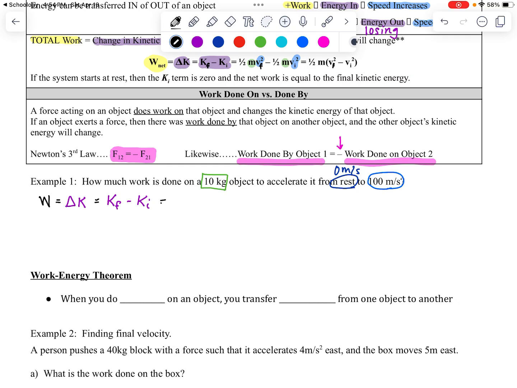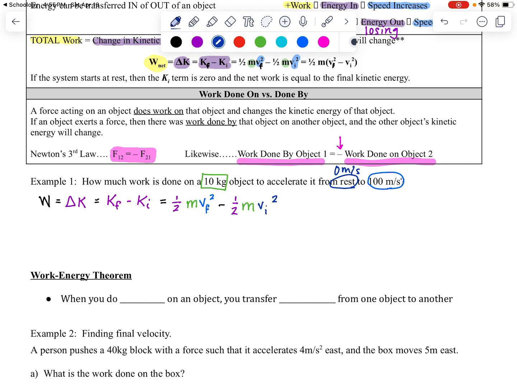Then we know that K final minus K initial is, we're going to take 1/2 of the mass times the final velocity, V final squared, minus, notice the 1/2 stays the same, the mass stays the same, but now we're going to do V initial squared.